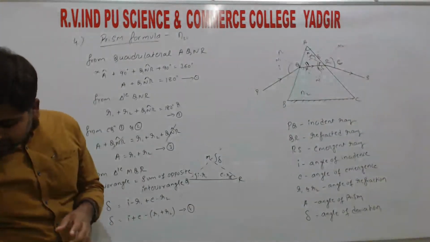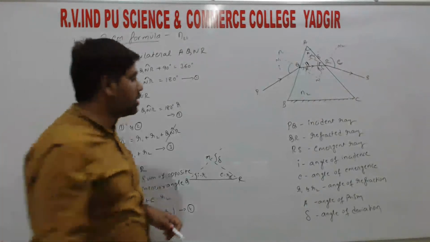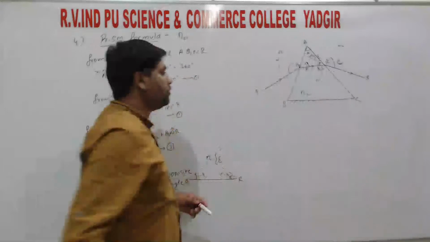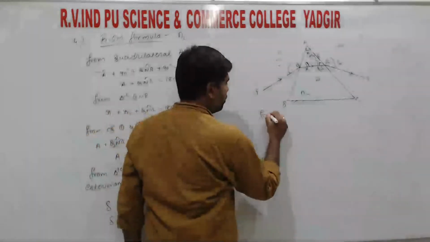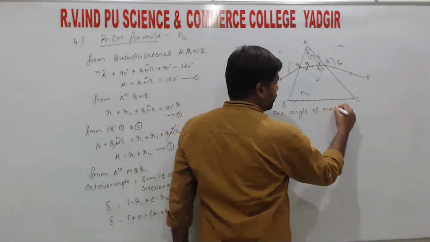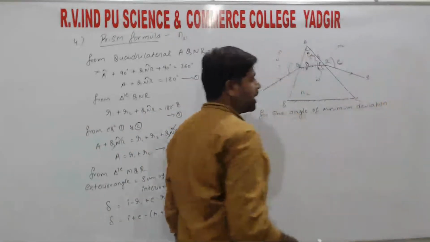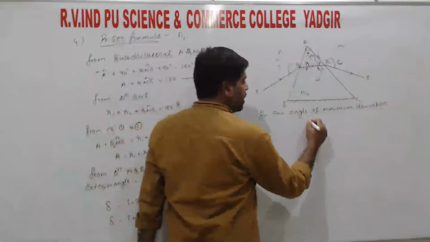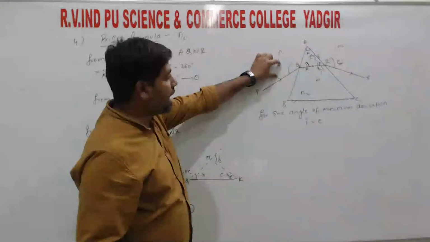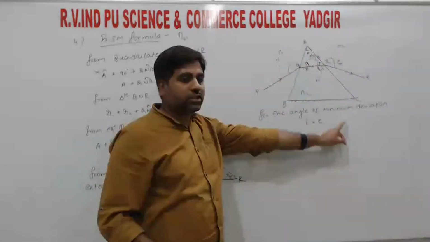So here we are going to find the relation for the angle of minimum deviation. The condition for the angle of minimum deviation is angle I is equal to angle E. That means if the incident angle is equal to the emergent angle, then we call that the minimum deviation condition.